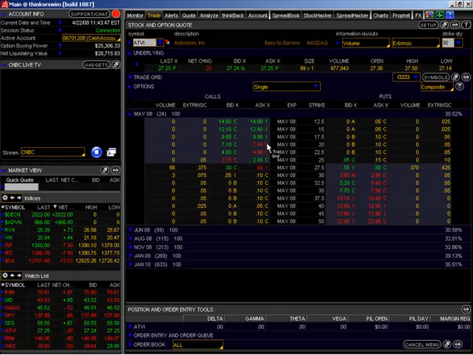In this case, we're taking a look at the May 20 calls, and they're priced at $7.40. On these 20 calls, if you add the strike price to the price of the call, you get $27.40. At the mid price, you're probably talking about closer to $27.25, which is exactly the price of the current stock.